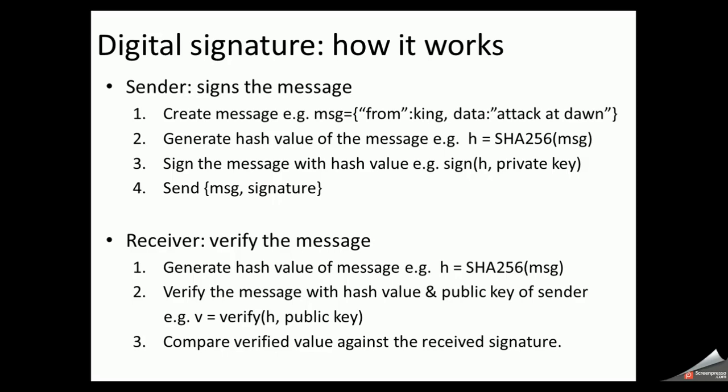So definitely the verification will not succeed, because the signature was signed by the hacker's private key and we are verifying it with the king's public key. On the other hand, if the message was really signed by the king's private key, then we will be able to successfully compare the signature that we received and the one that was verified at the receiver side. And if both signatures match each other, then that means the message sender is real and the message contents are also real.